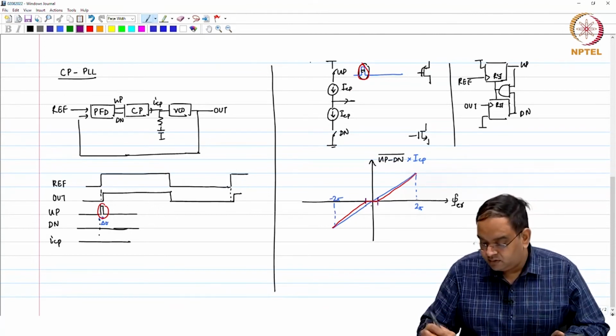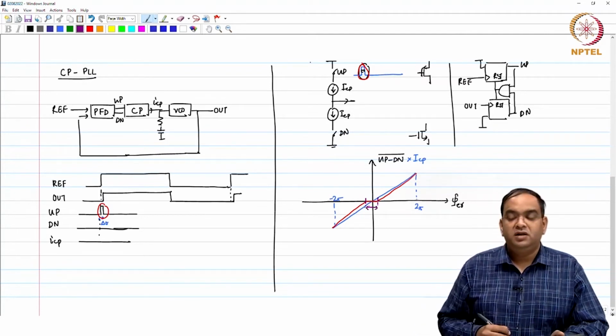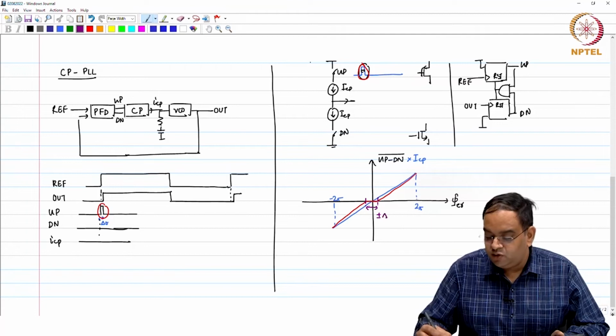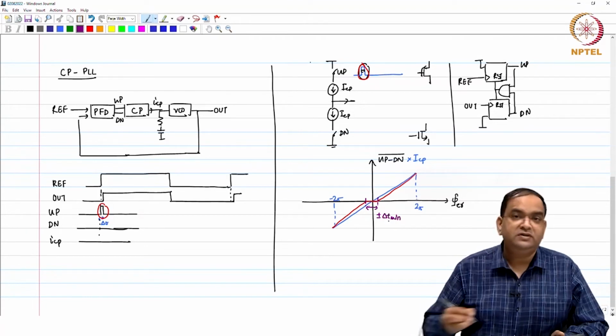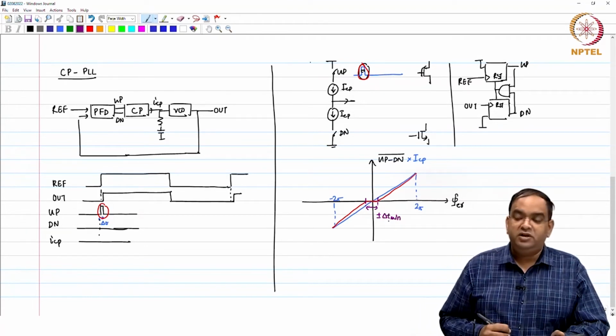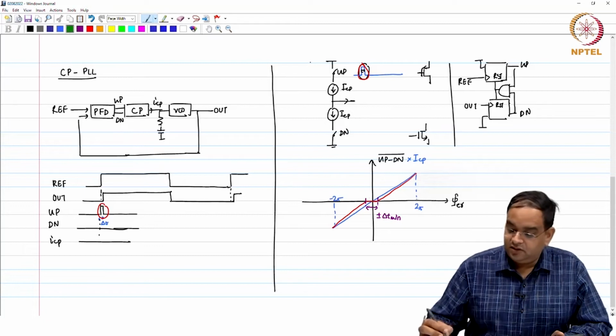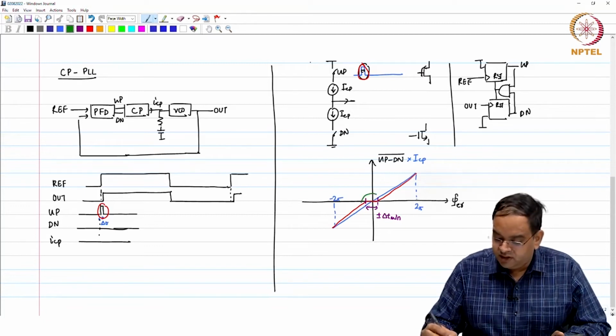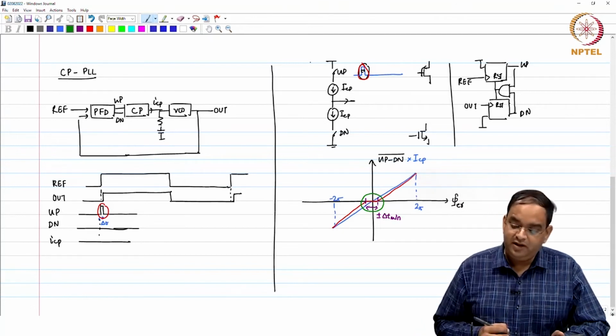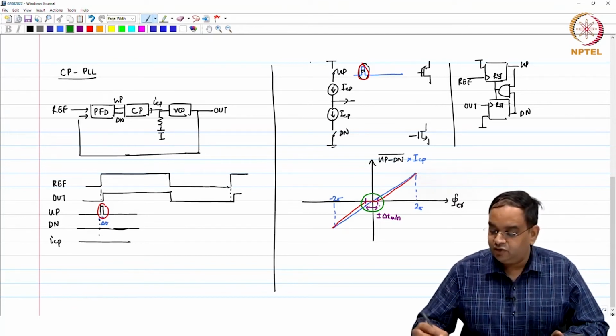So, this is the plus minus T min which you need to have in your pulse width to correct for the phase error at any given time. This region of operation in the PFD which we have seen so far is called the dead zone.